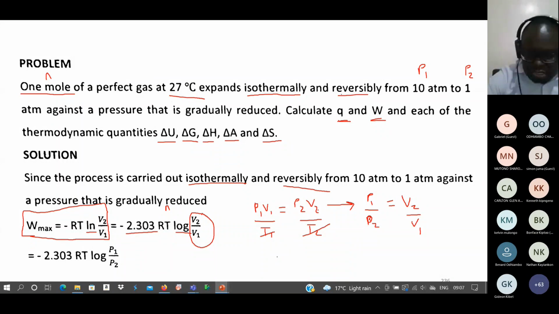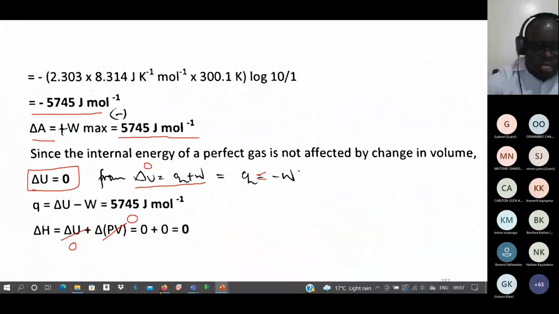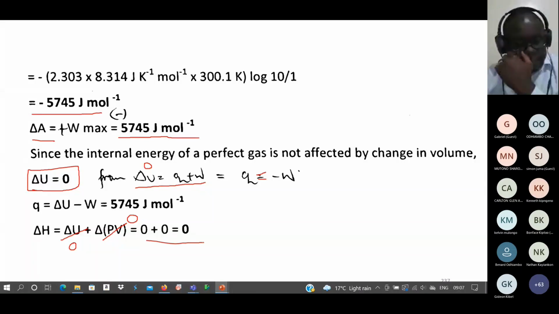So the value PV is not changing, and the change in PV equals 0. That's why delta H is equal to 0.